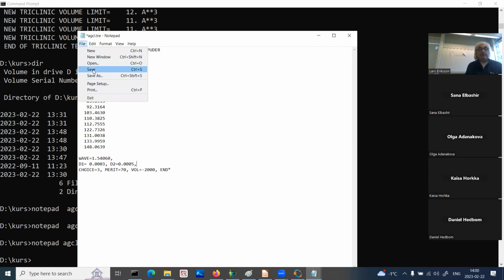Yes, 3 zeros. If you take 2 zeros, it also works, but then it's 10 times worse. The D1 and D2 are the maximum allowed difference between a calculated sine square theta and an observed sine square theta. Deviation, yes.